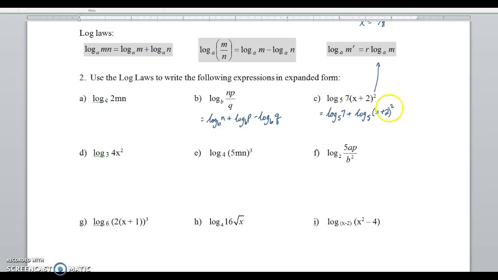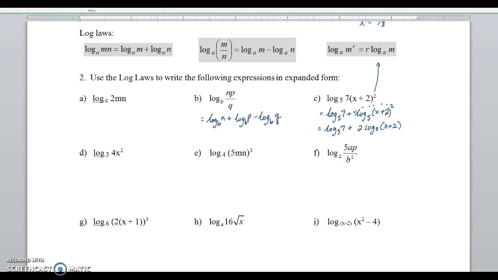And now that squared is going to be multiplied out in front of that second log, so the 2 goes out in front as 2 log base 5 of x plus 2. Now don't think you can start splitting up this addition of the x plus 2. They just remain exactly like that. The question is done. Let's move on to one that's got a few of the more complicated setups.